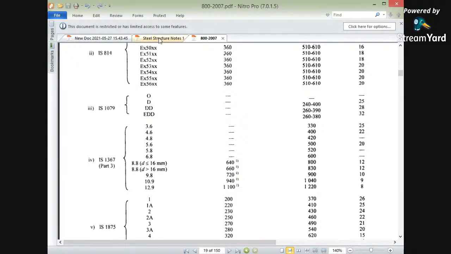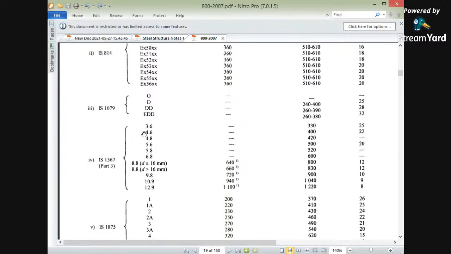You have to use this ultimate tensile stress of bolts from page number 13 of IS 800 2007. That is fub, the ultimate tensile stress of a bolt. For 3.6 we have to take 330, for 4.6 it is 400, for 4.8 it is 420, for 5.6 it is 500, for 5.8 it is 520, and for 6.8 it is 600.